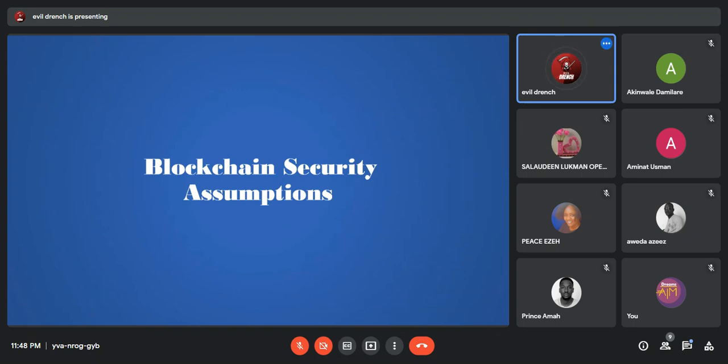Why blockchain security? Now that we know a little bit about blockchain, I think it's time for us to look at this aspect of it, because the goal of this course is not to talk about everything that has to do with blockchain, but to familiarize ourselves with the nitty-gritty of blockchain security. Maybe not everything, but most things that have to be known, right?